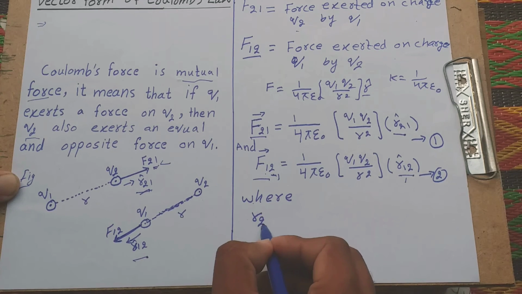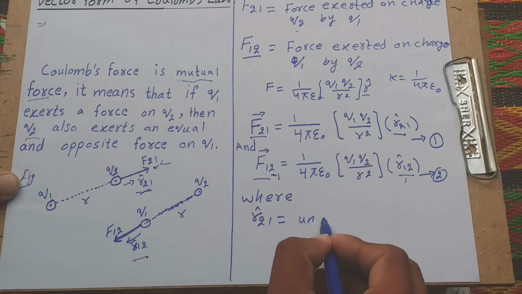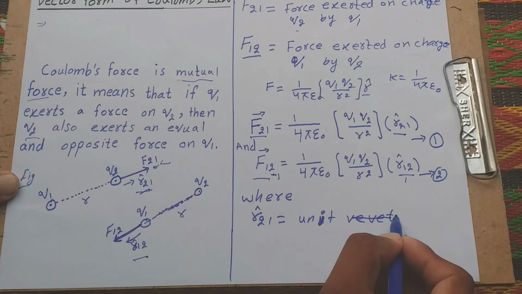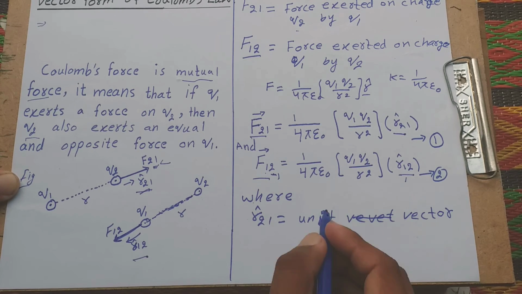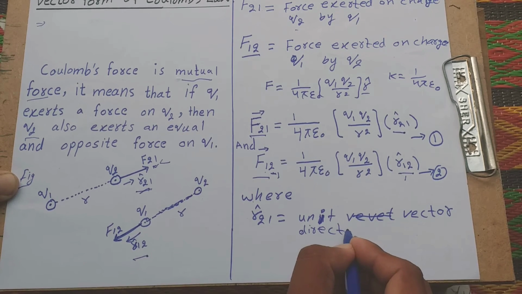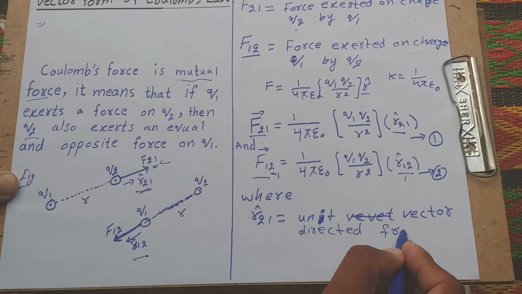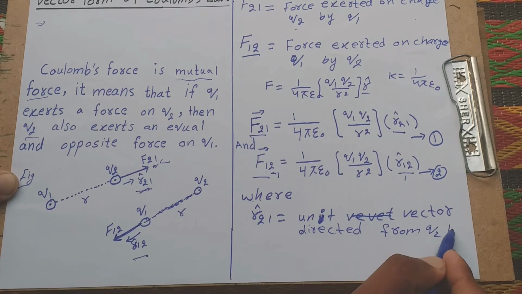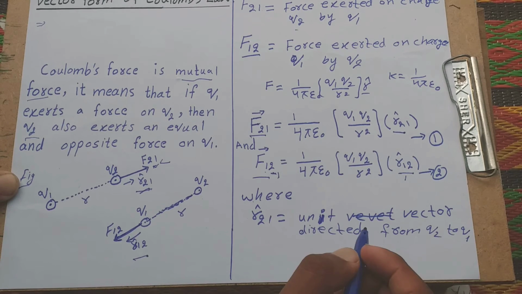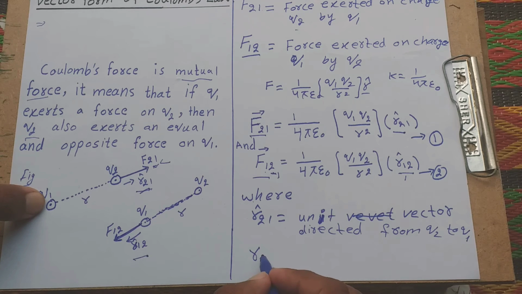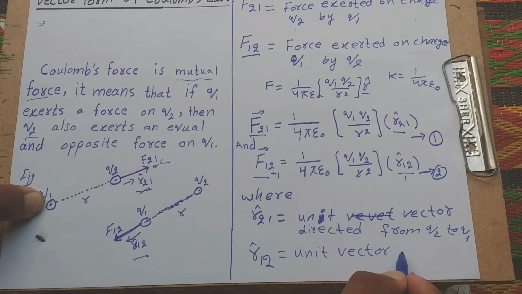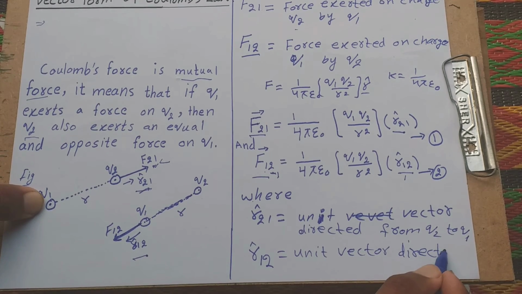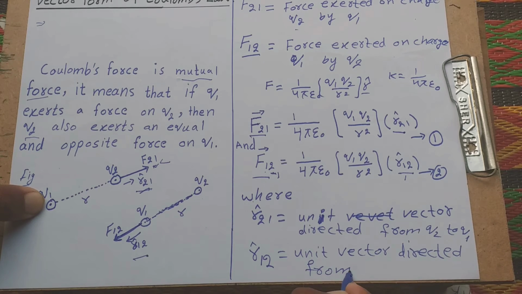Where r21 is the unit vector directed from q2 to q1, and r12 is the unit vector directed from q1 to q2. Understand?